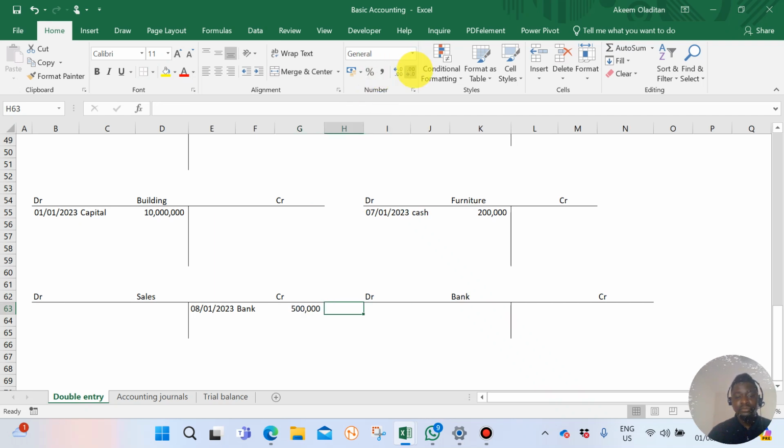Since we are selling, it means we are receiving the same thing here. 8/1/23. We sold, which is sales, and we received it into the bank account. Because the bank account has increased, we need to debit it.